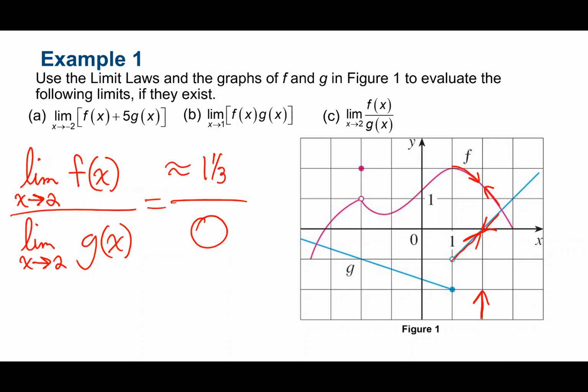Questions on those using the graph? The limit laws? Yeah. So in WebAssign, a slightly more precise answer is we're unable to find it. May not exist. Let me see what the textbook says on this one.